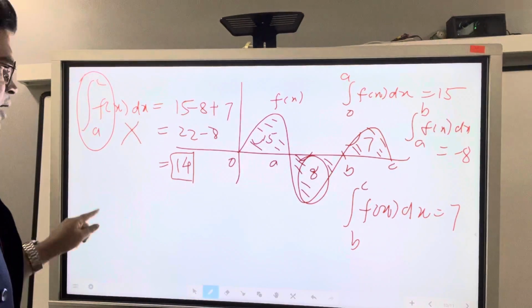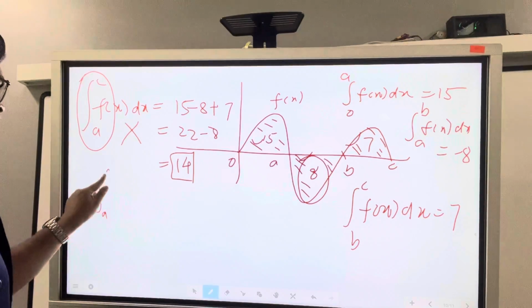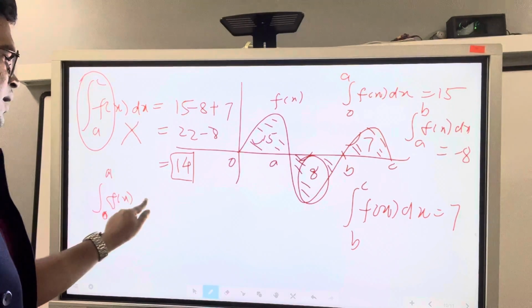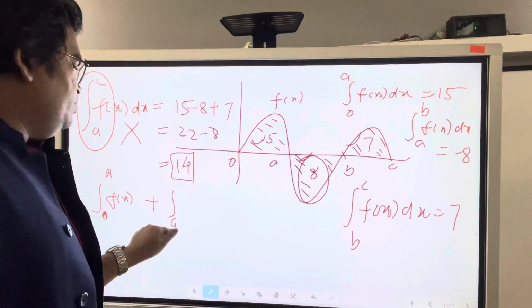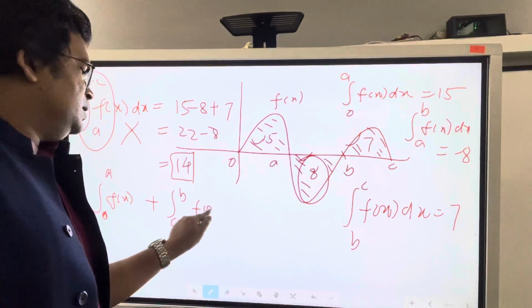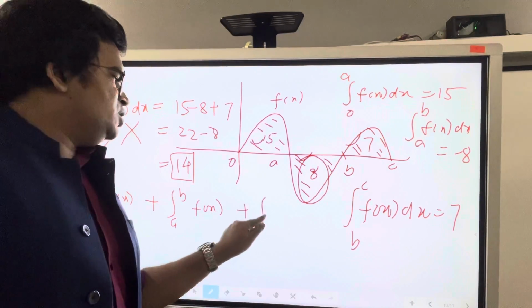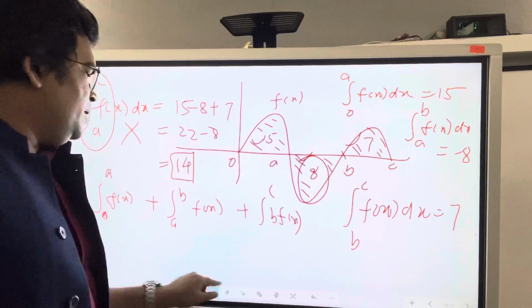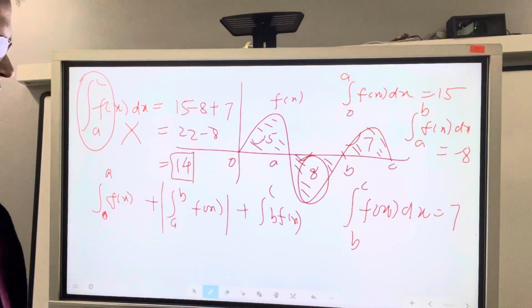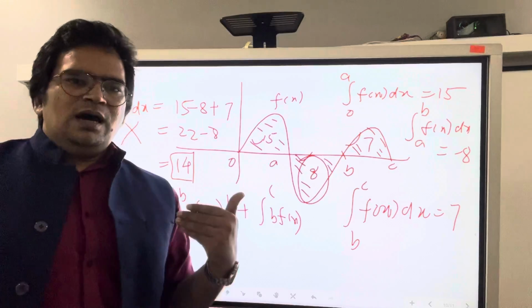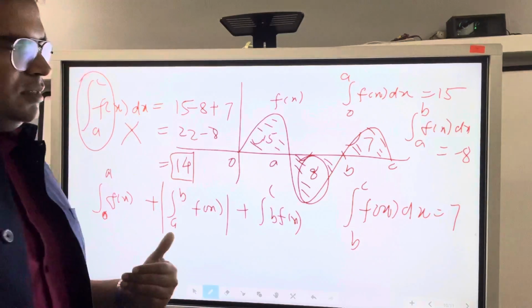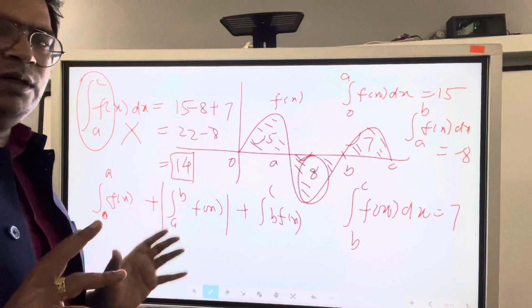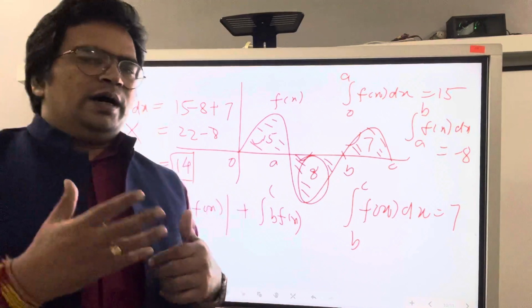Here my area would be 0 to a of f of x plus a to b of f of x plus b to c of f of x. For this one you're going to take the absolute value, because that was the part below the x-axis.